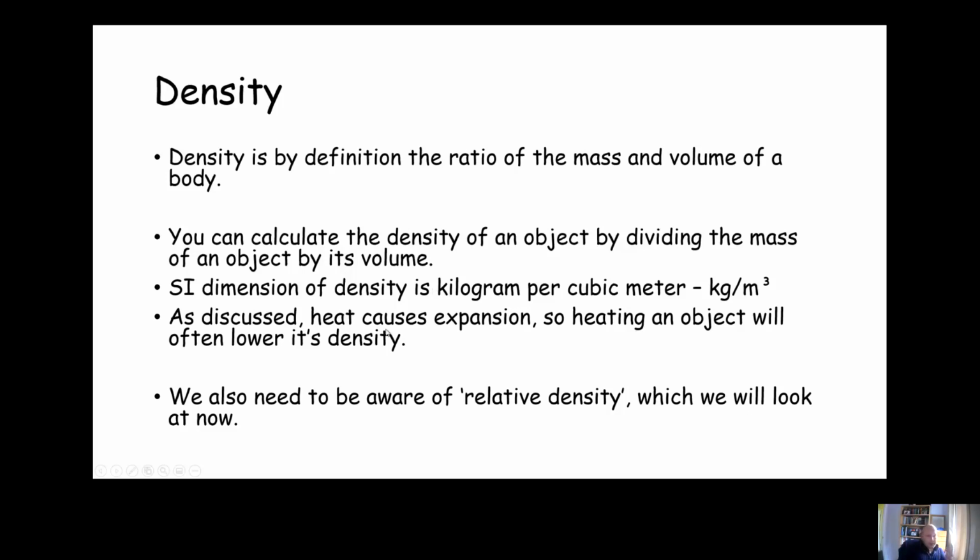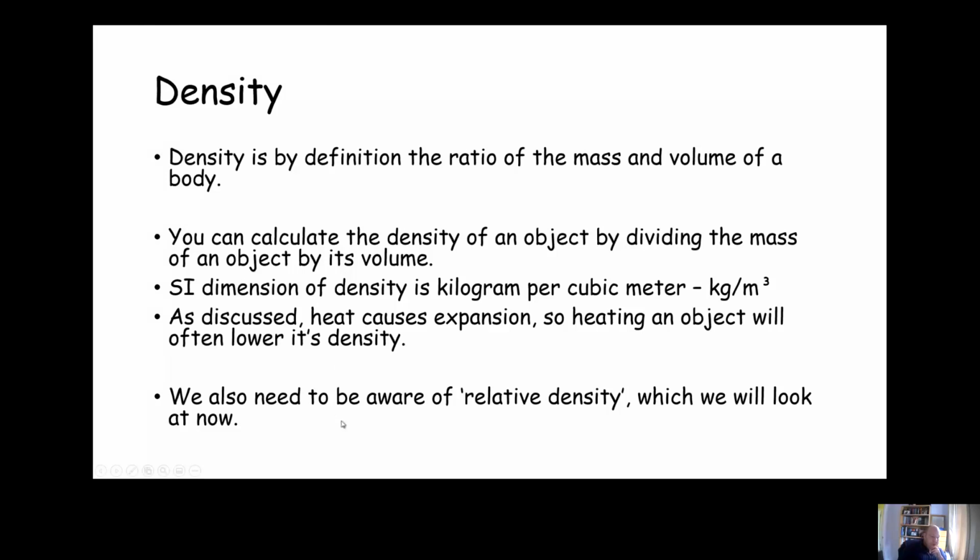And as I've mentioned previously, if you heat something, it gets larger and moves apart, so when you heat it, it also lowers its density. When it cools, it's going to contract, the molecules will move back closer together, and that means it will generally increase in density as it cools.